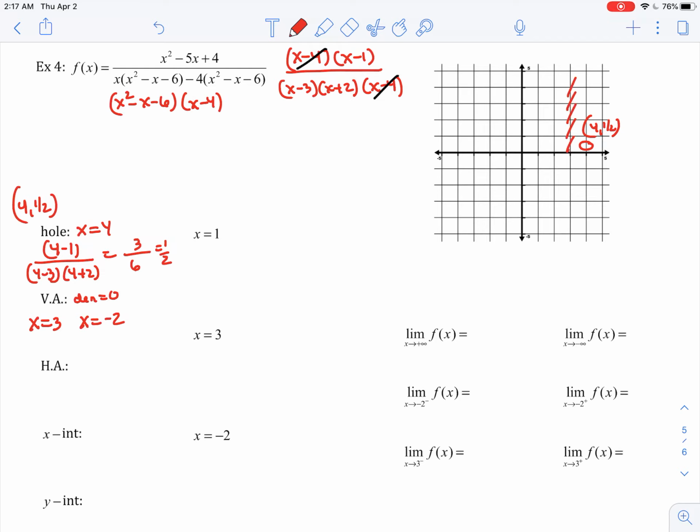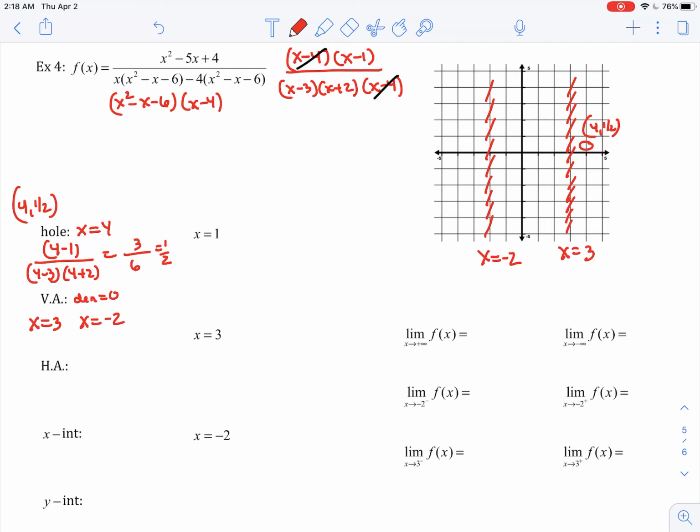So I'm going to sketch our vertical asymptotes in here. And recall, because we have two vertical asymptotes, we should have 3 branches of graph, 3 sections of graph.